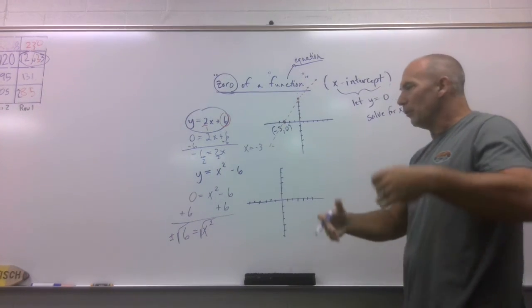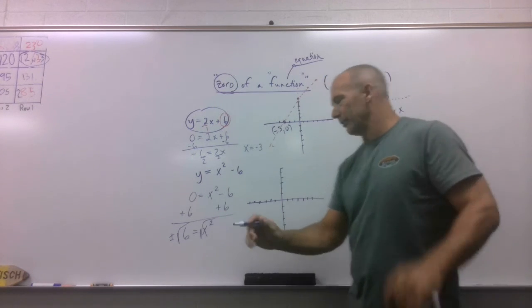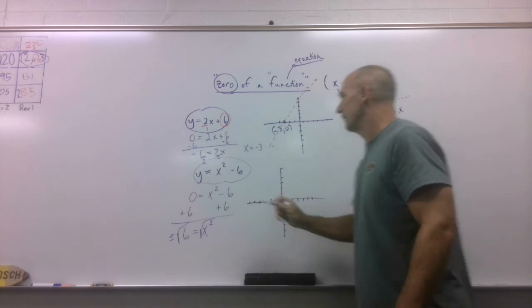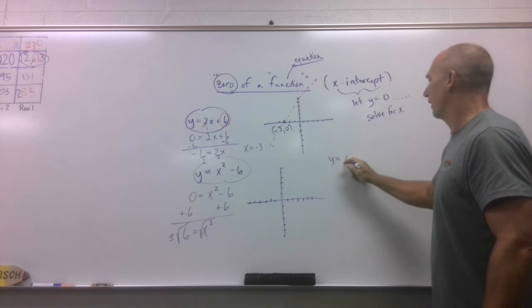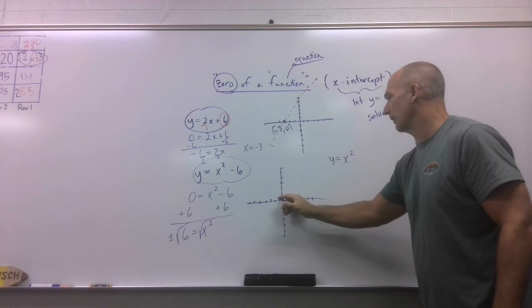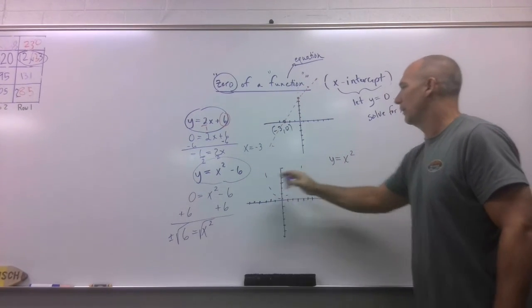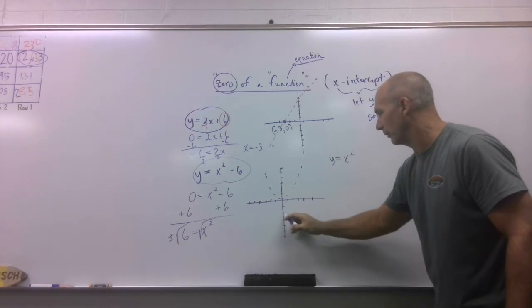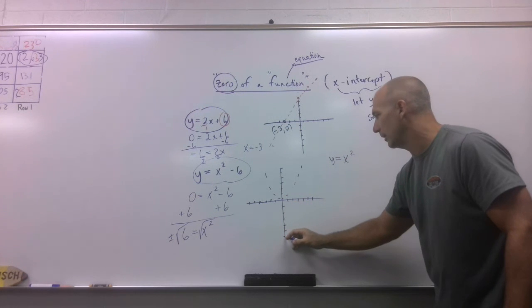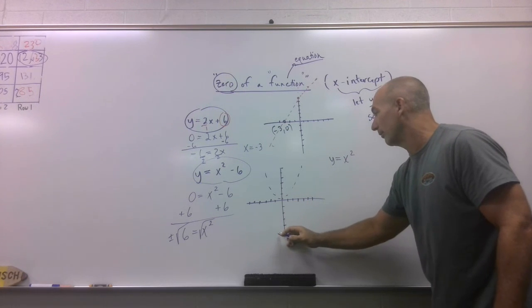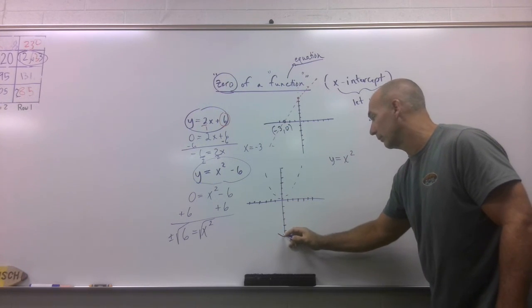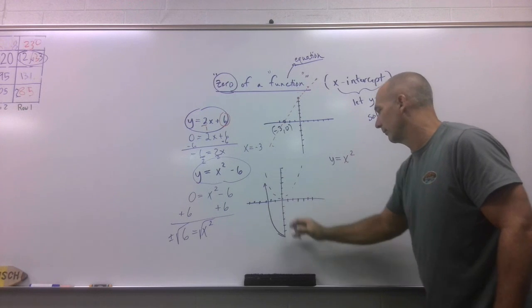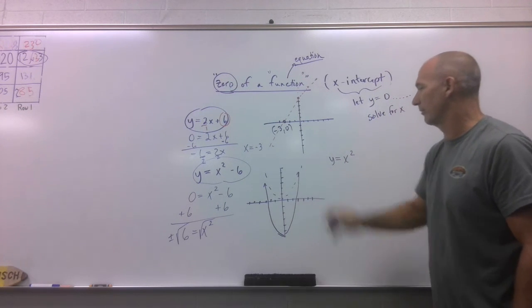Now, I don't want to overwhelm you with this, but if I was to graph this, y equals x squared looks like this. The minus 6 takes it down 6 units. 1, 2, 3, 4, 5, 6. So it actually looked something like this and like this.